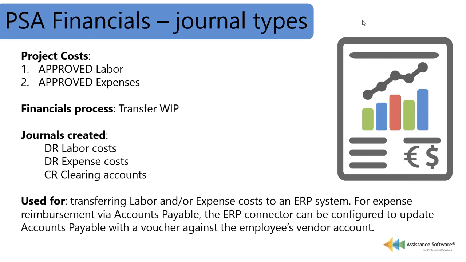This process of creating costs into an ERP system is going to vary from company to company. You may have already used an external payroll provider to process payroll, in which case your labor cost entries for the purpose of updating your financials are going to come from the payroll provider.